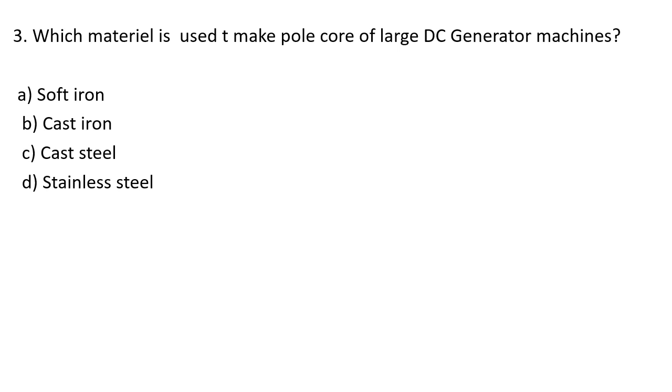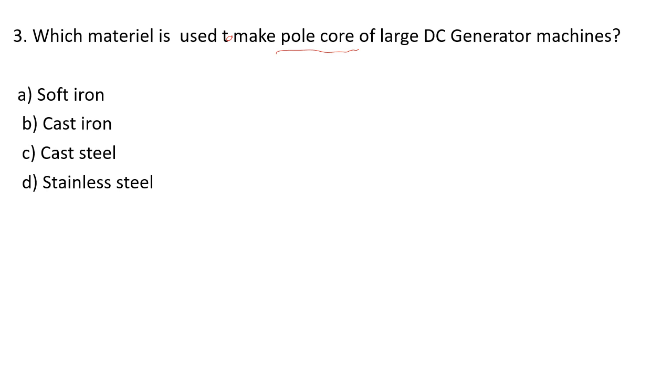The third question is, which material is used to make pole core of large DC generator machines? We know that the function of the pole core is to provide the necessary flux to the machine. They carry field windings, and these field windings provide the necessary flux for the proper operation of the DC machines.